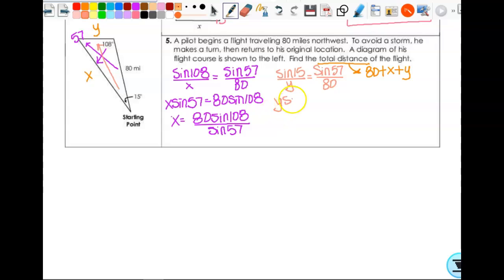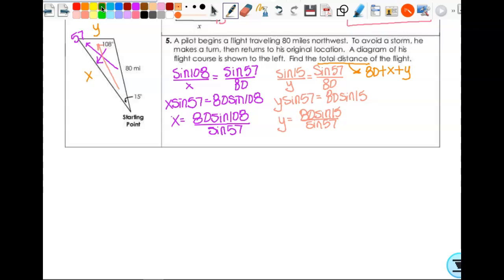So then Y times the sine of 57 equals 80 times the sine of 15. That means that Y equals 80 times the sine of 15 over the sine of 57. Okay, all right. So now I know how to find X and Y.